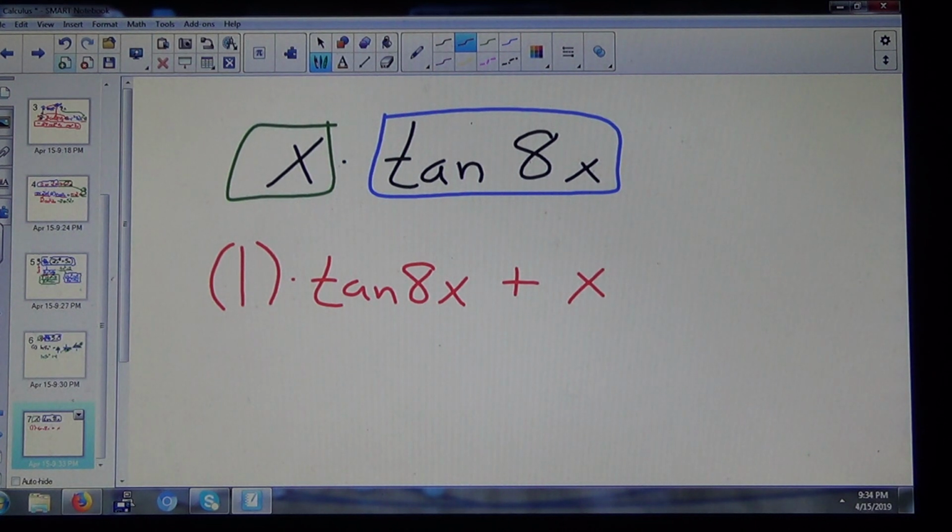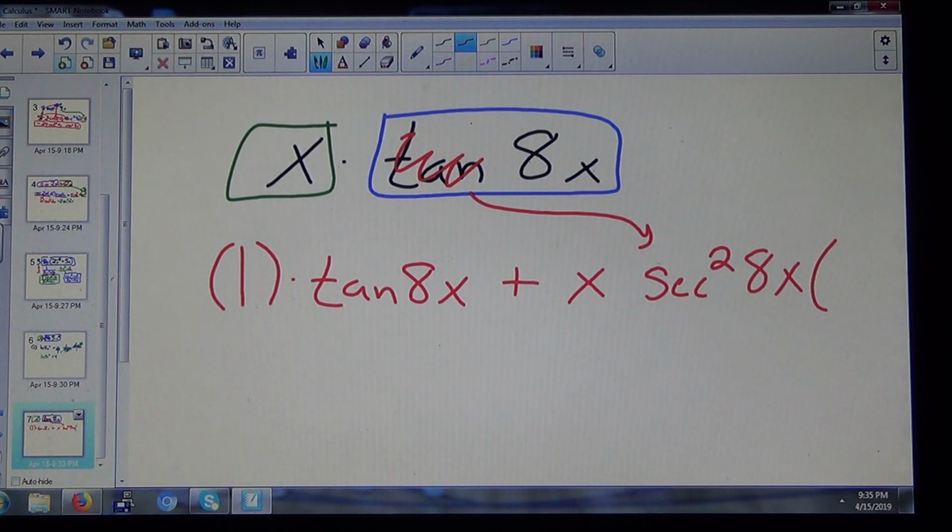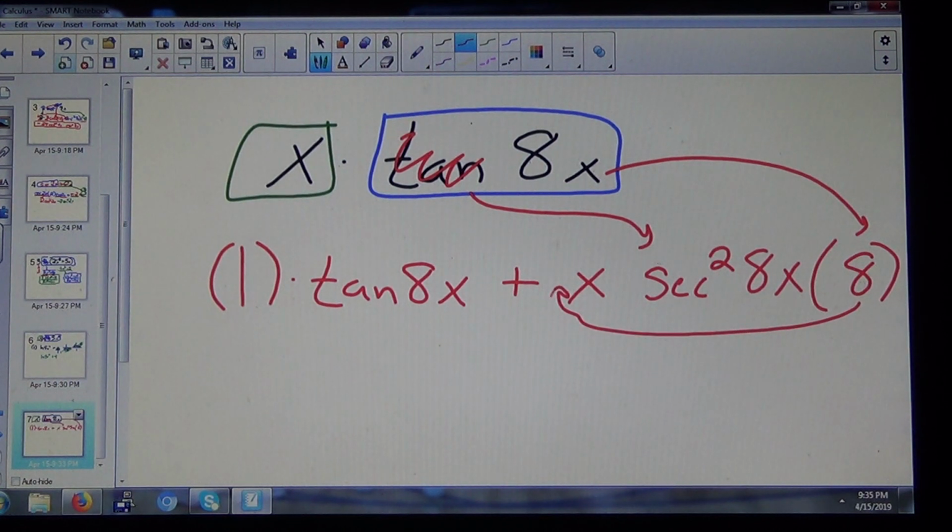Okay, that's another chain rule. And the derivative of tangent would be secant squared, and then you just rewrite the 8x. Okay, done with that part. Times, you're still going to multiply by the derivative of 8x. Derivative of 8x would give me 8, which then this 8 would move right here.